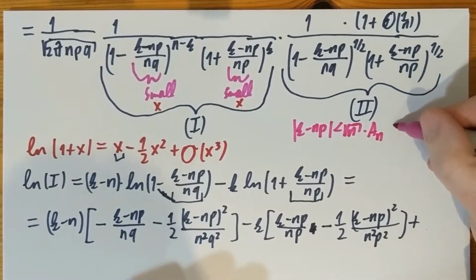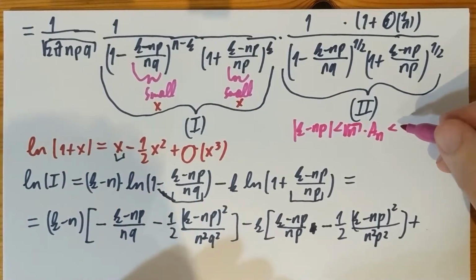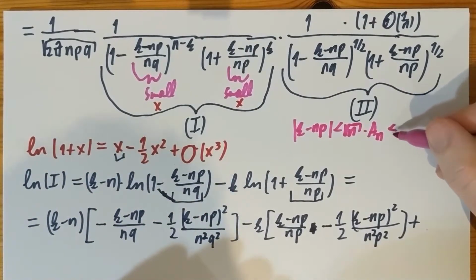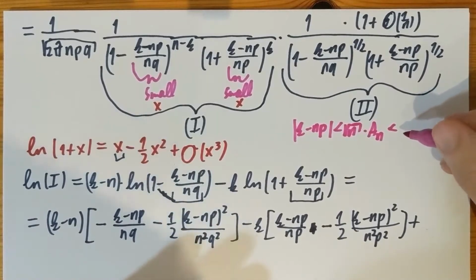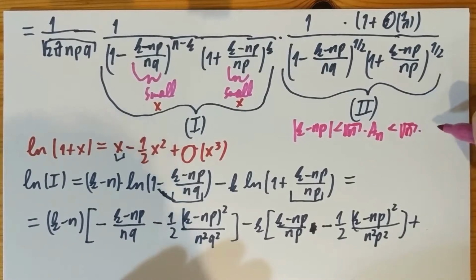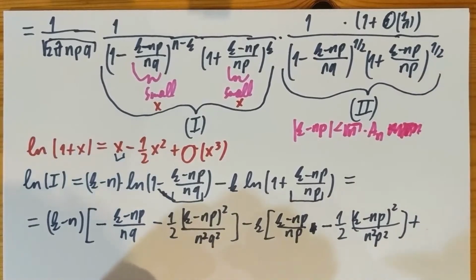It's a little o if you wish, or let me say it's smaller. For large n it is definitely smaller than square root of n times an. I'm going to keep an here.